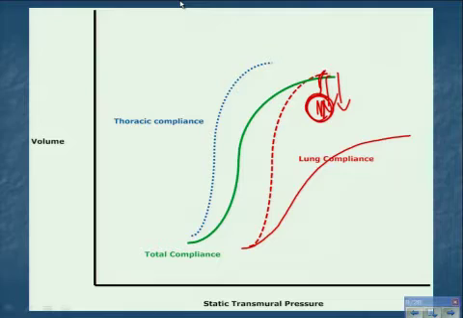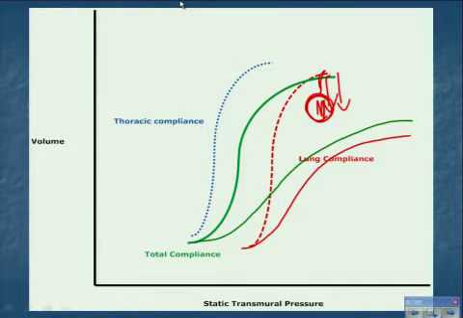What happens to the green line? The green line then follows it, and that's a reduction in lung compliance. So anything that makes the lung either heavier or not want to distend, like collagen deposition, interstitial fibrosis, things like that, will reduce my overall total compliance.